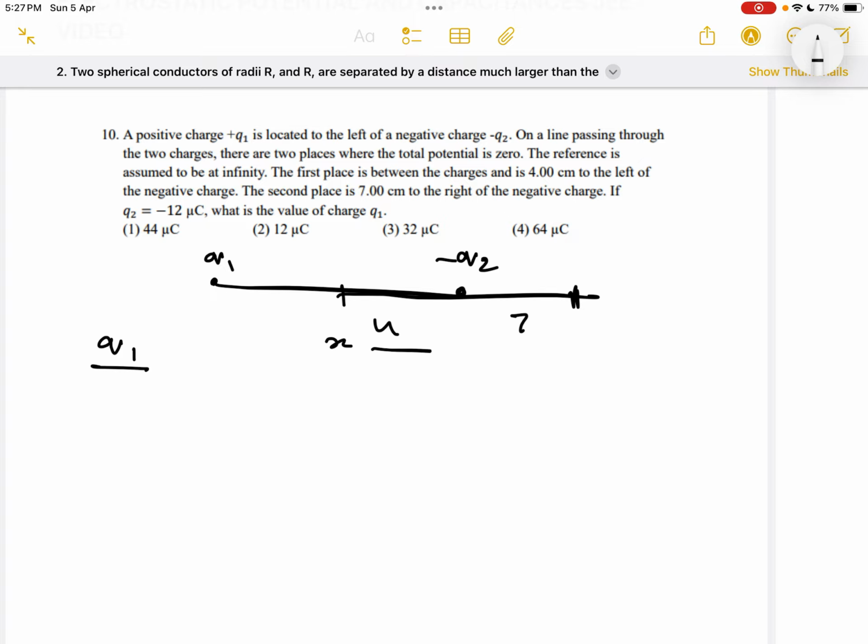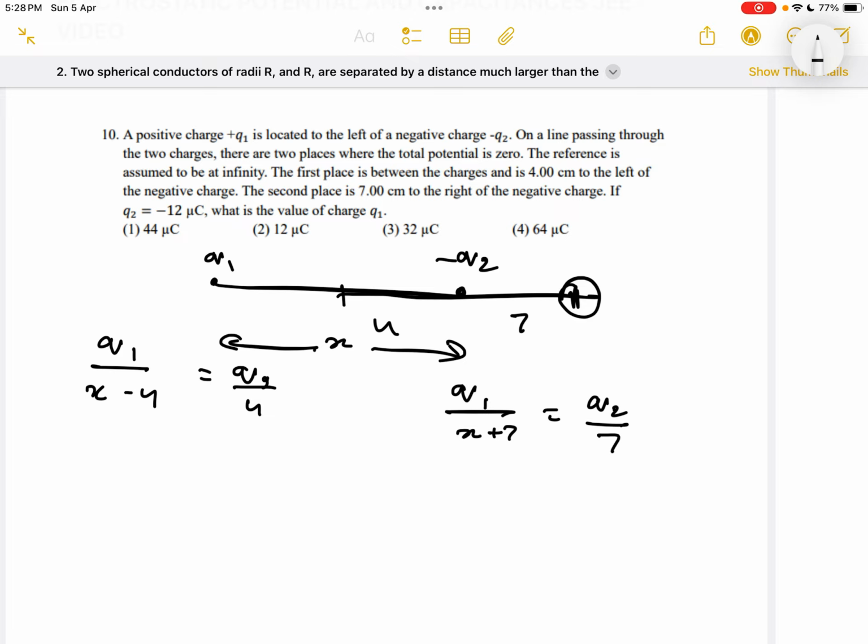Assuming that the distance between the two charges is x, you can write Q1 divided by x minus 4 is equal to Q2 divided by 4, because the potentials must be equal. And for the second scenario, the 7 centimeter scenario, you can write Q1 divided by x plus 7 being equal to Q2 divided by 7.